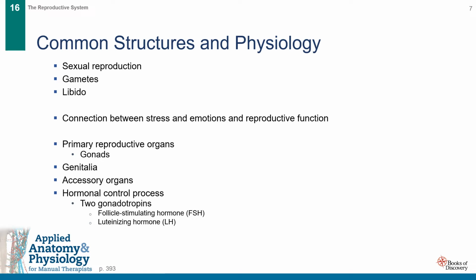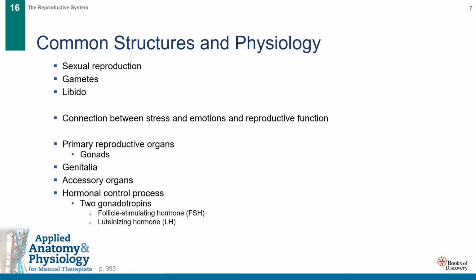Hormonal control process. Both the male and female reproductive systems are stimulated and controlled by the endocrine system. In a two-step process, the hypothalamus stimulates the anterior pituitary to release two gonadotropins, follicle-stimulating hormone, or FSH, and luteinizing hormone, or LH.